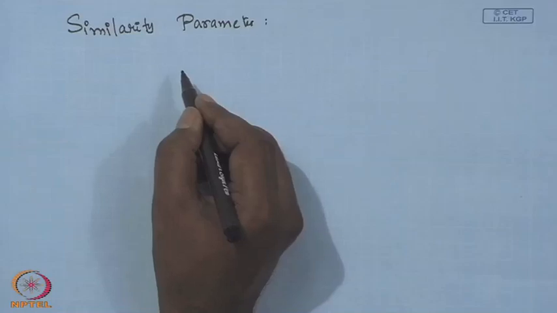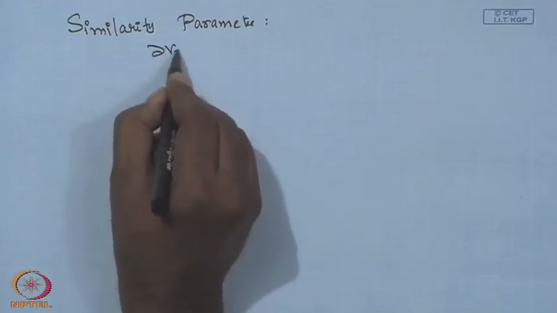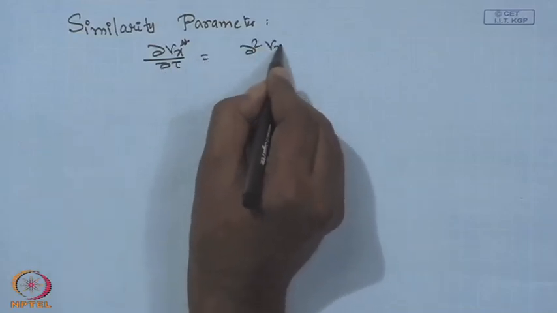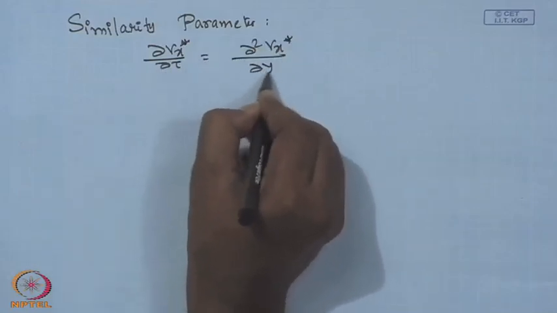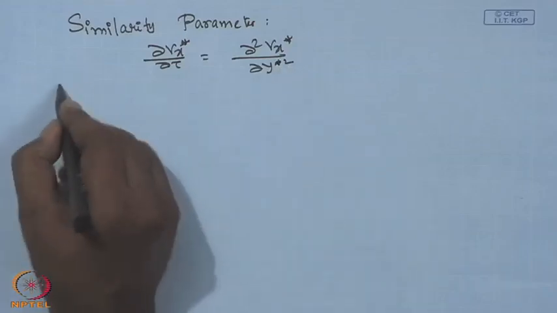For obtaining the similarity parameter, we evaluate the governing equation and do an order of magnitude analysis.